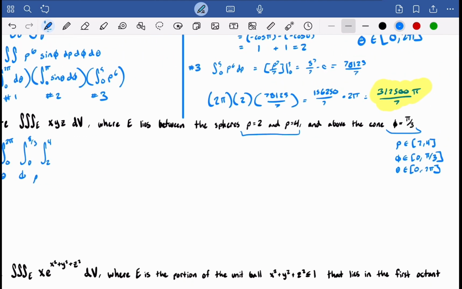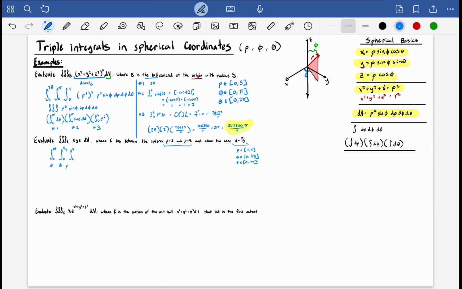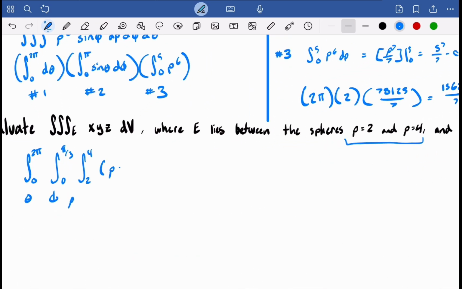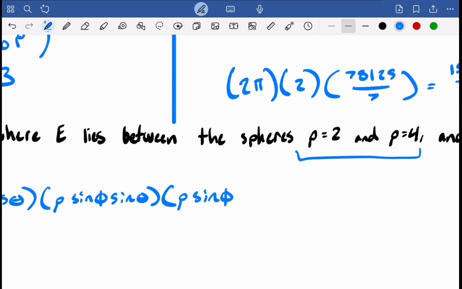So now with this information, we can translate our x, y, z, and we're going to put in the translations for each one. For x, we had rho sine of phi cosine theta, and for y, we had rho sine of phi sine of theta, and then for z we had rho cosine phi.